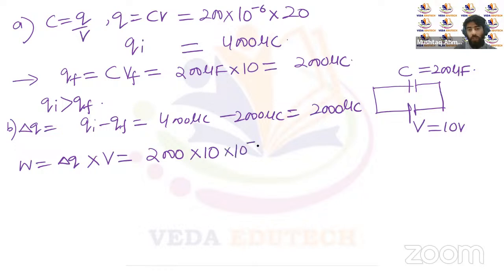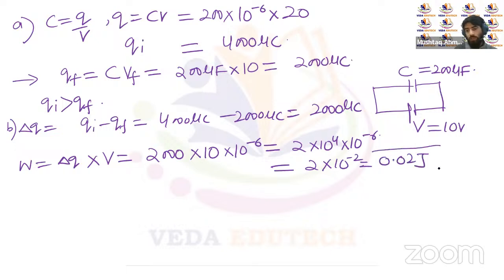We have to multiply by the micro factor, 10 to the power minus 6. So it will be 2 into 10 to the power 4 multiplied by 10 to the power minus 6, which is 2 into 10 to the power minus 2. That's equal to 0.02 joules. So this much work has been done on the battery.